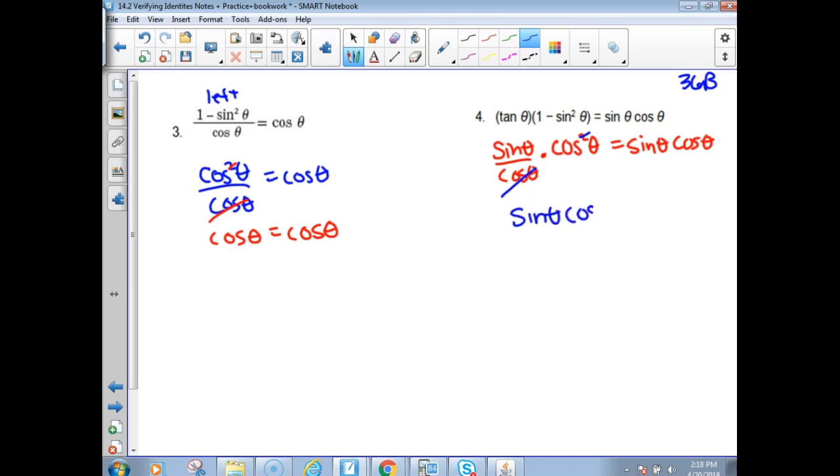Sine theta cosine theta equals sine theta cosine theta. Party's over. All right, the rest of these aren't going to be this easy.